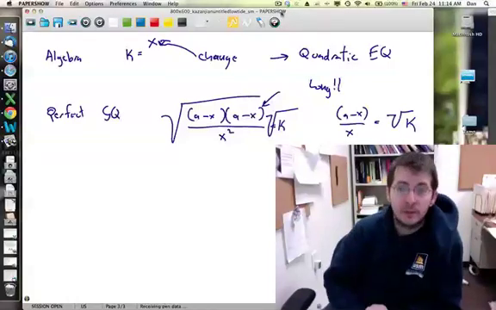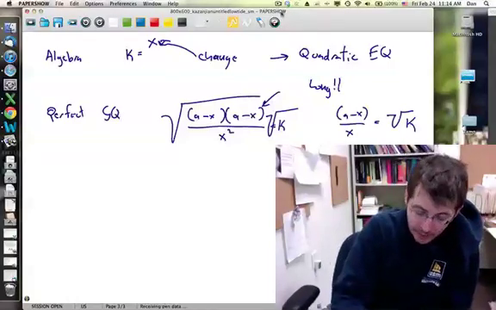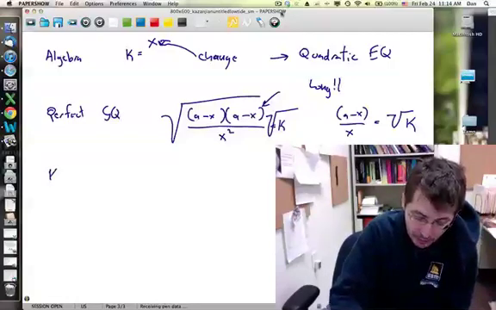Now the last one, and probably the most useful simplification, is to use information in K.